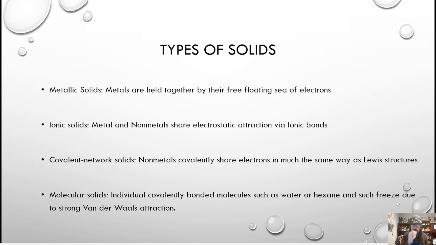We have our covalent network solids, which are basically how nonmetals form large molecules by sharing electrons. And molecular solids, which is essentially small individual molecules freezing into a solid form. And that has to do with our van der Waals attraction.